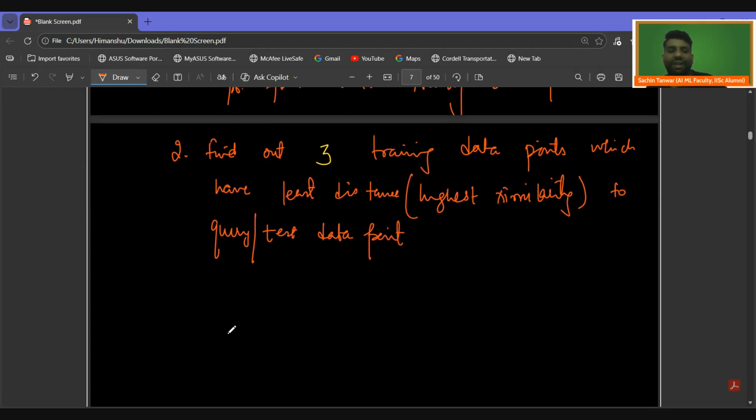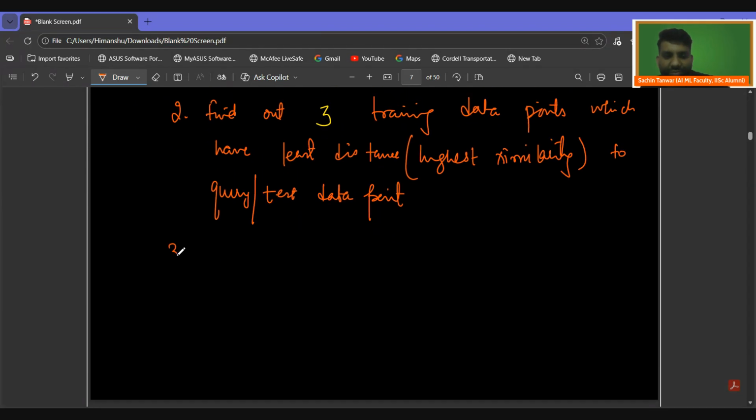Third step would be the last one, which would be just based on regression or classification.